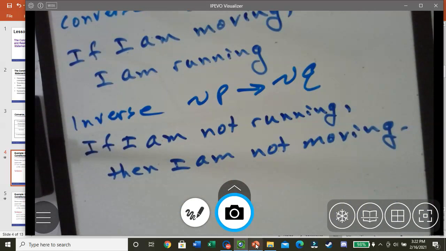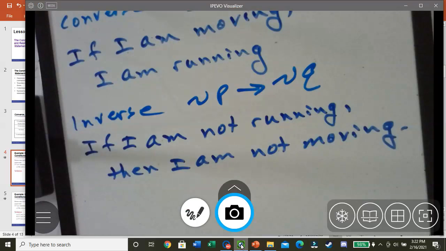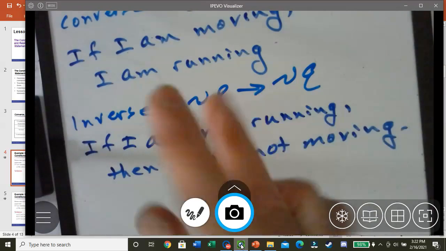Okay, next, the contrapositive, that's where we're taking the inverse and we're flipping it.